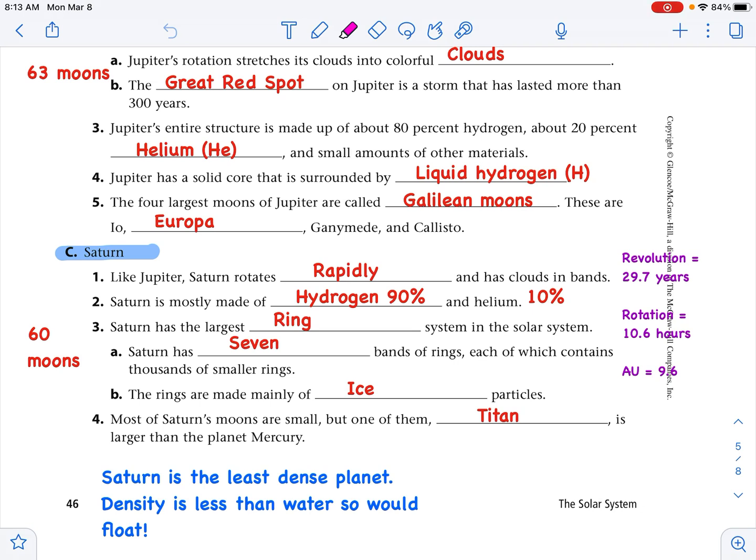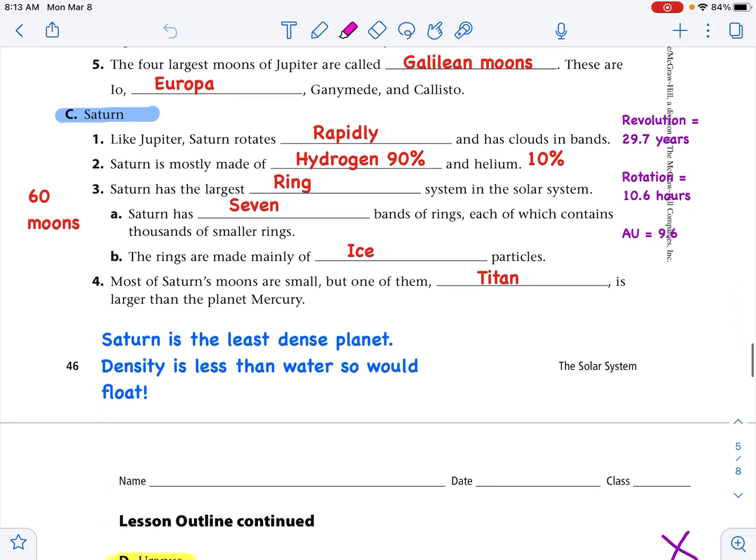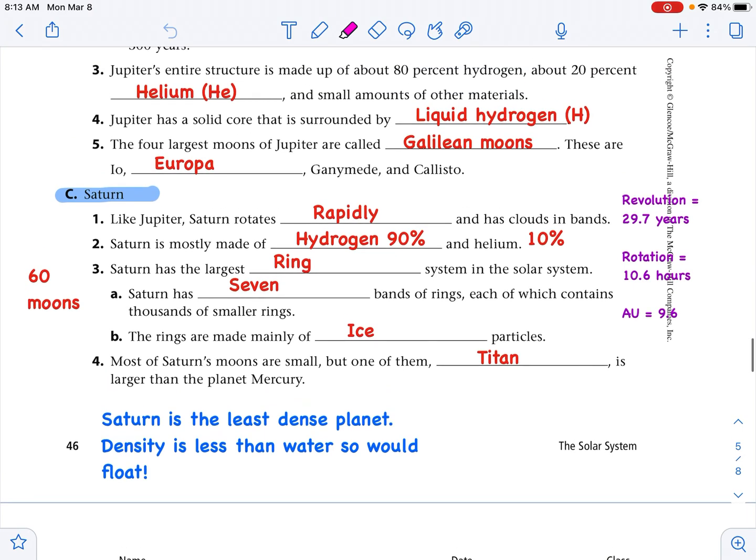Saturn has 7 bands of rings, each of which contain thousands of smaller rings. The rings are made mainly of ice particles. Most of Saturn's moons are small, but one of them, Titan, is larger than the planet Mercury. So we're going to get that filled in.